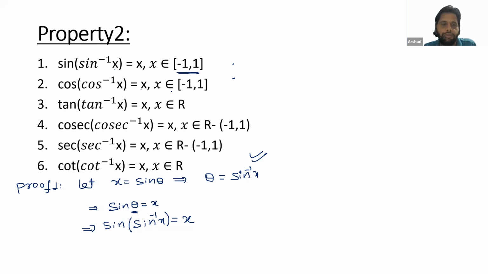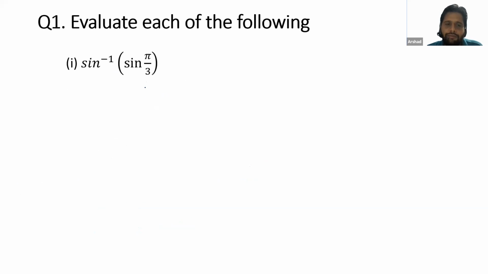Okay, now we will start the questions. Now the first question is sine inverse sine pi by 3. Let me ask one by one. Rifat, can you tell me what is sine inverse sine theta?